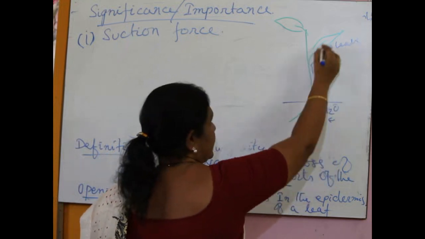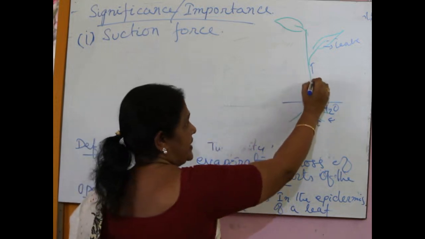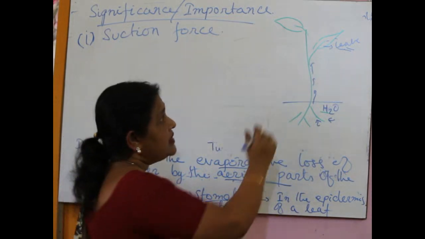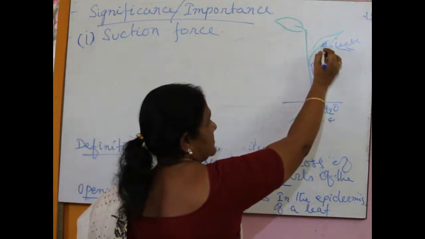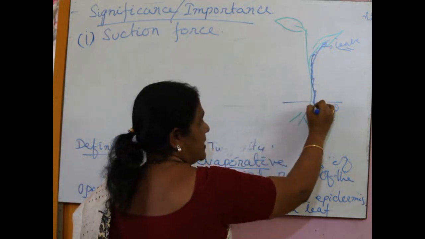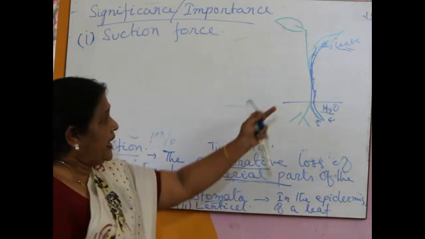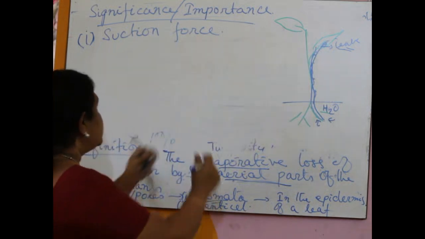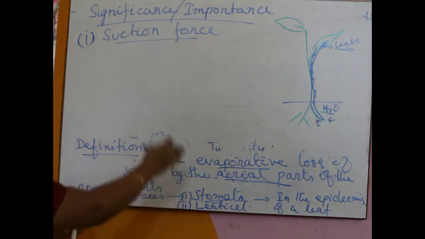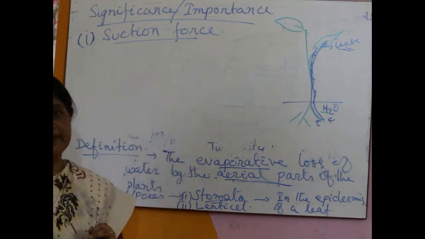The water comes up to the leaves through the xylem tissue, a continuous process. As the leaves lose water into the atmosphere, they create a vacuum here. This vacuum starts to draw water as a continuous column of water, right? So it develops a force which is known as suction force. This suction force helps in the upward conduction of water, right?